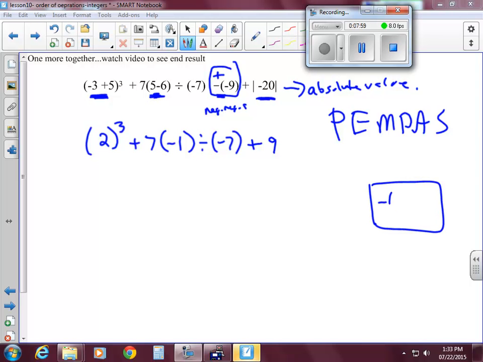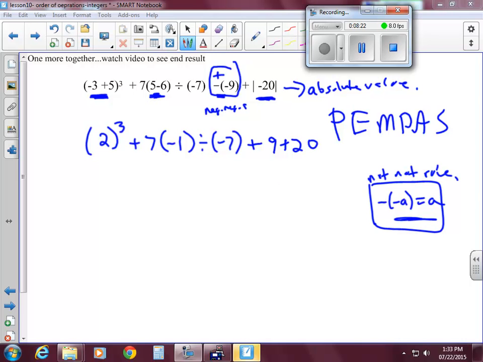We said the negation of A is A. I called it the not rule. If I'm not going to the party, I'm going to the party. So negative negative 9 is positive 9. Okay, and here absolute value, you know absolute value returns a positive, it's the positive distance from 0. So absolute value of negative 20 is 20.